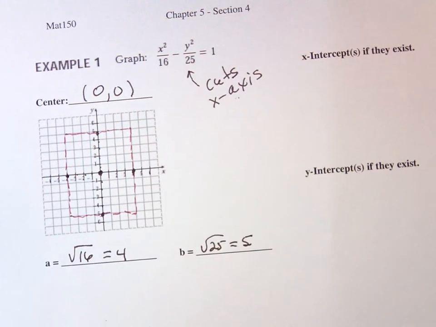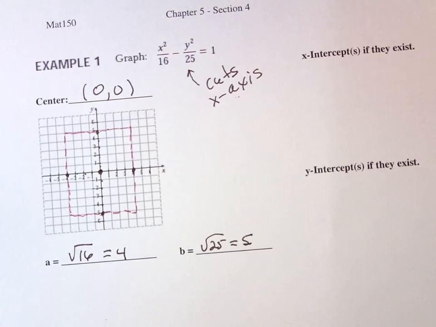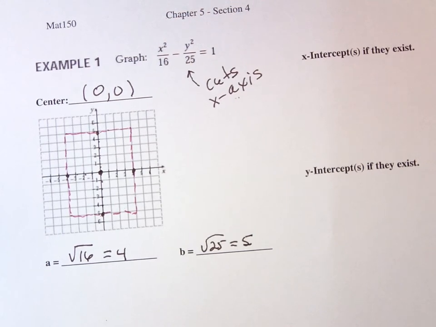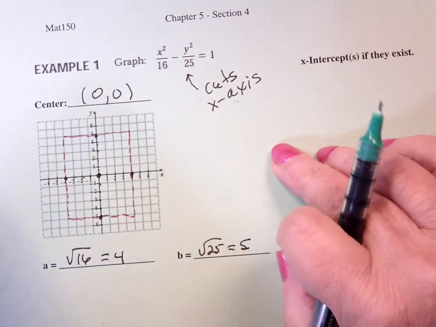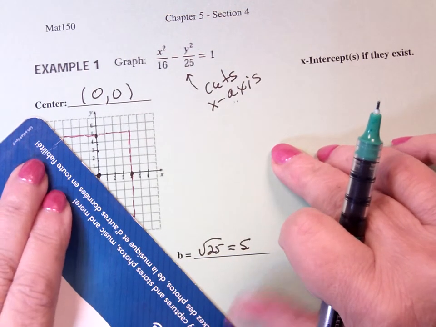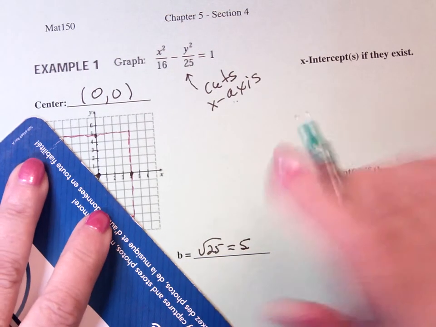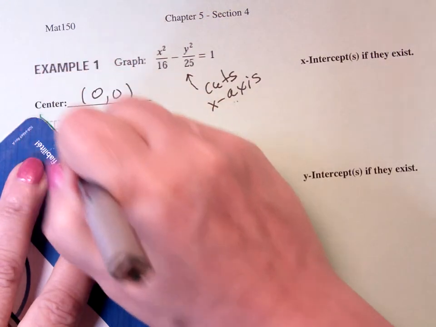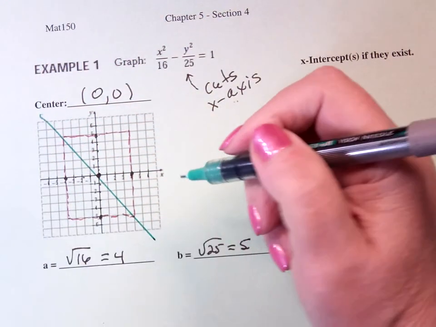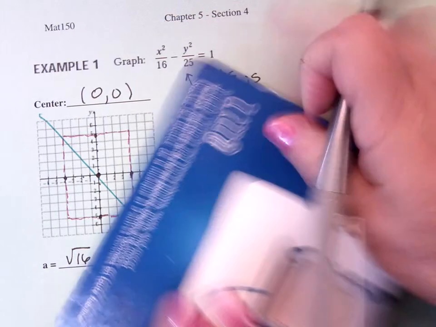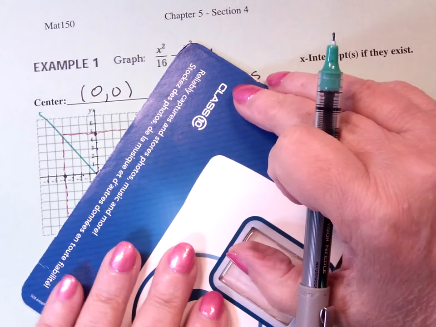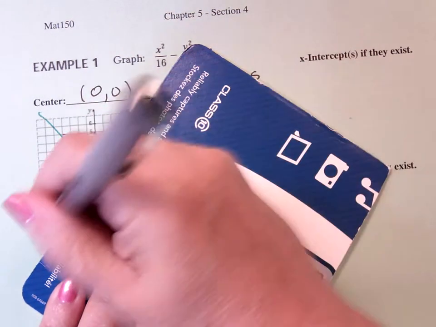Now remember that hyperbolas have asymptotes. So what you do is you create the asymptotes. And you say, well, how do you do that? Well, it's going to be corner of the box, center, corner of the box. So here's one of the asymptotes. Corner of the box, center, corner of the box.